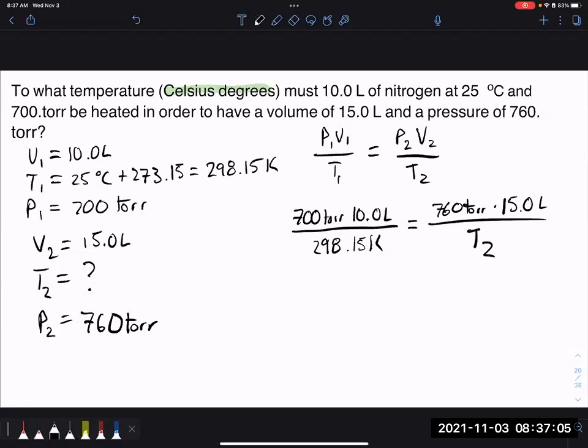So I'd start here by doing all of this math on this side. We'll do 700 times 10, and then divide by 298.15. So that'll give us 23.478. Again, more numbers after that. And our units here are going to be torr liters per Kelvin.